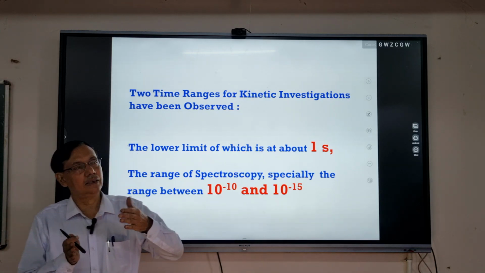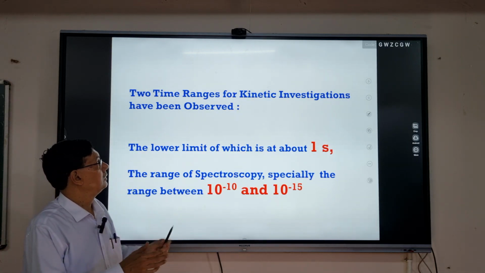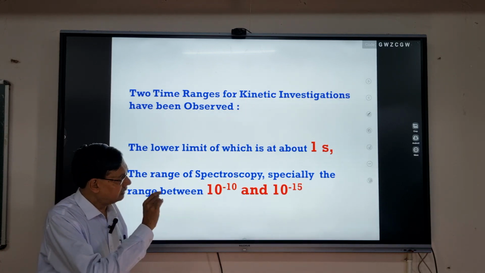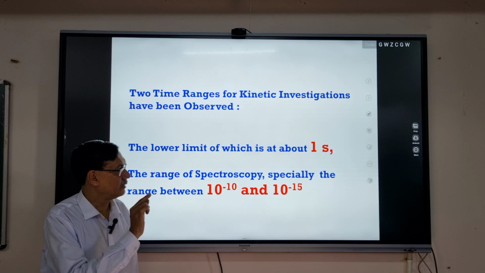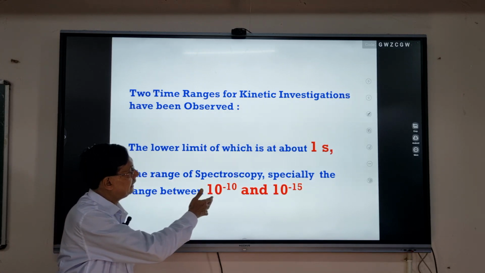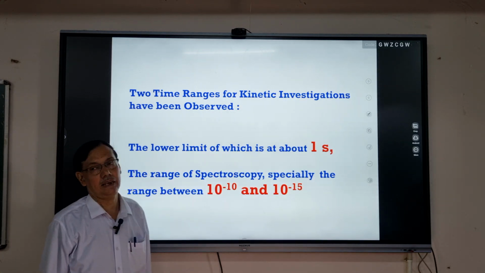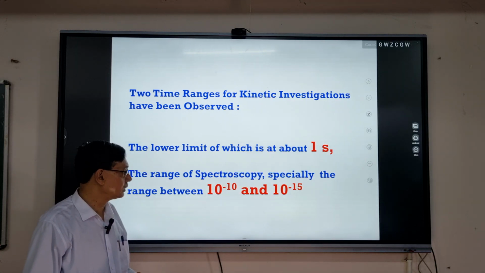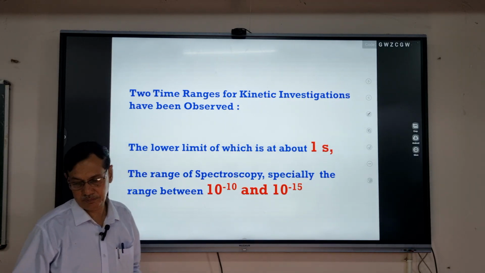So basically I can divide this kinetic time range into less than 1 second, or 10 to the power minus 10 or 10 to the power minus 15 second. Sometimes these are called femtosecond, picosecond, nanosecond, like that.